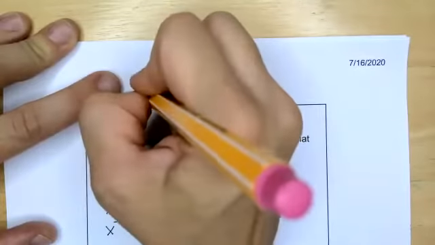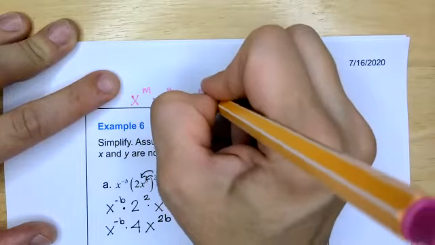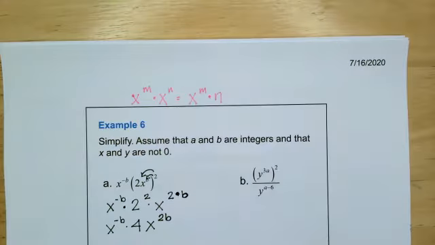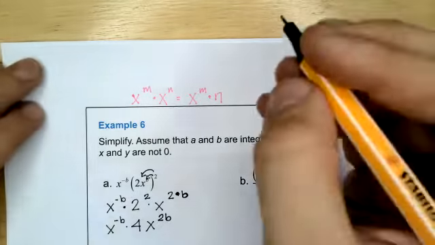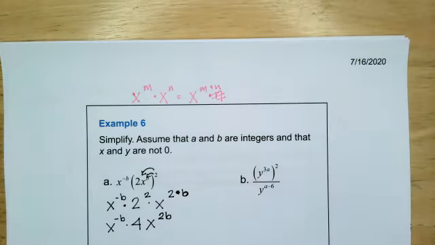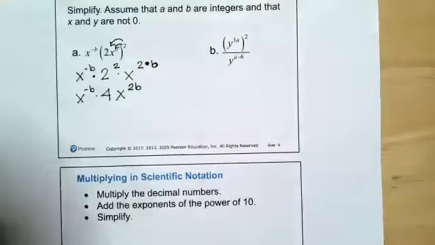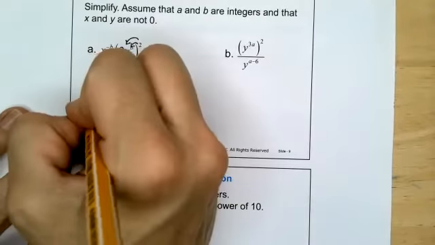If I had x to the m times x to the n, I say x to the power of m plus n. So the base is the same, right? So can we add those? If our base is the same and they're each being multiplied to something, we can add what's being multiplied. So let's try it.